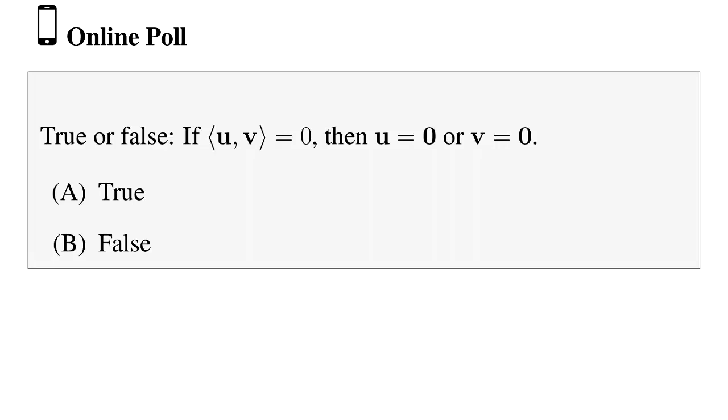If the inner product of u and v is 0, then you've got to have at least one of u and v being 0. All right, so if you think it's true, you should be able to prove it from the axioms. If you think it's false, you should be able to write down a counterexample.